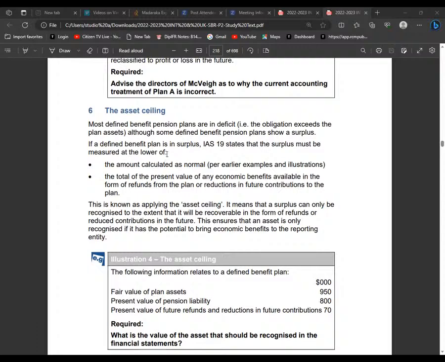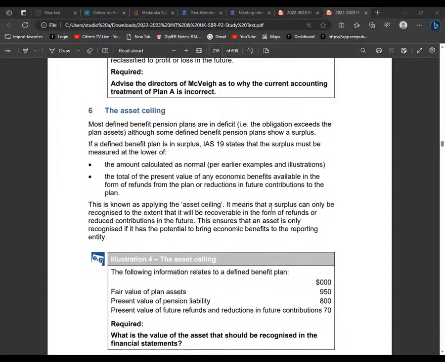If a defined benefit plan is in surplus, IAS 19 states that the surplus must be measured at the lower of the amount calculated as normal, and the total of the present value of any economic benefits available in the form of refunds from the plan or reductions in future contributions to the plan. This is known as applying the asset ceiling.